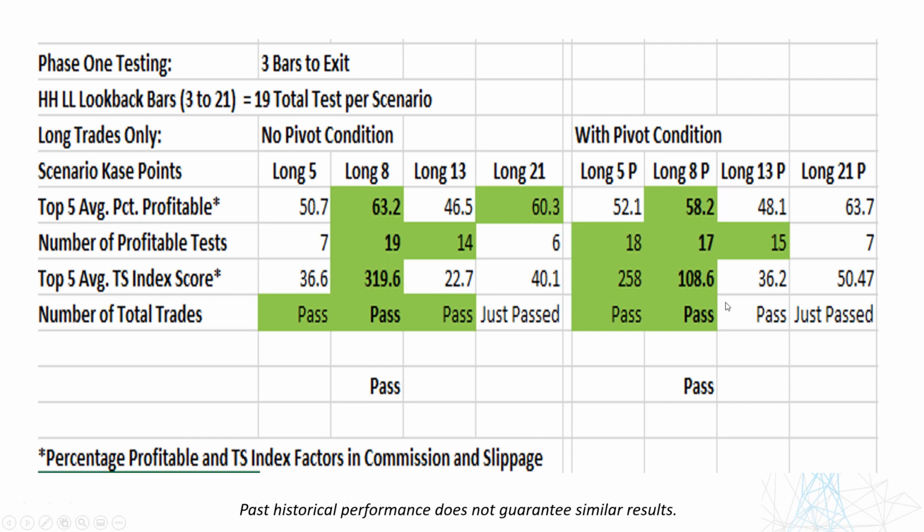So after running all of these, the 2 scenarios out of the 8 that seem promising that we could build a strategy based on are the 8-point Kase bars, either with or without the pivot condition. And the one without the pivot condition seemed a little bit better.